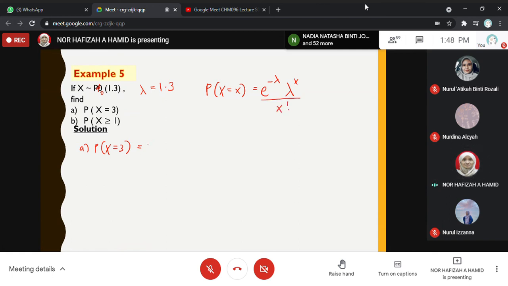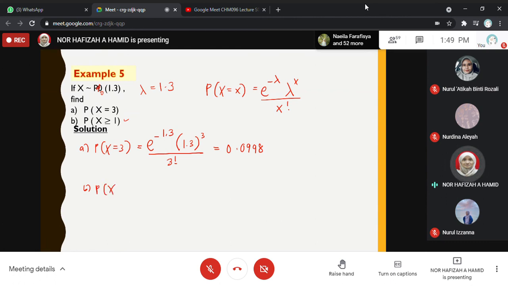So e to the negative 1.3, times 1.3 to the power 3, over 3 factorial. Calculate using a calculator and you have 0.0998. Okay, then for B, greater than 1.